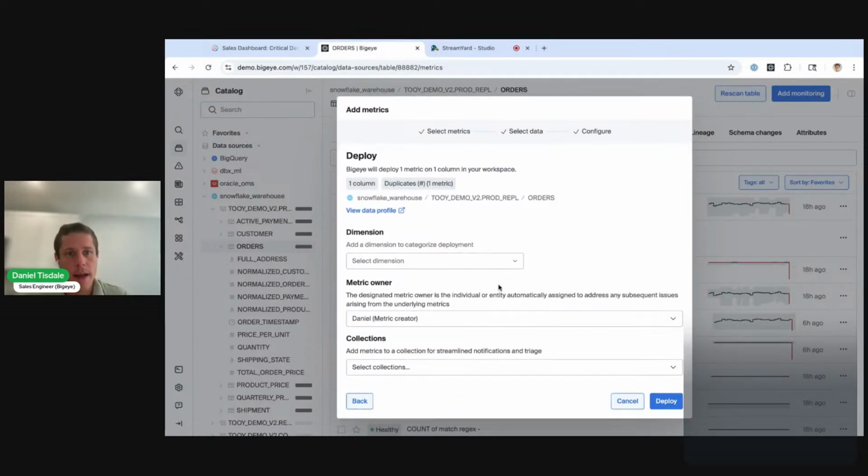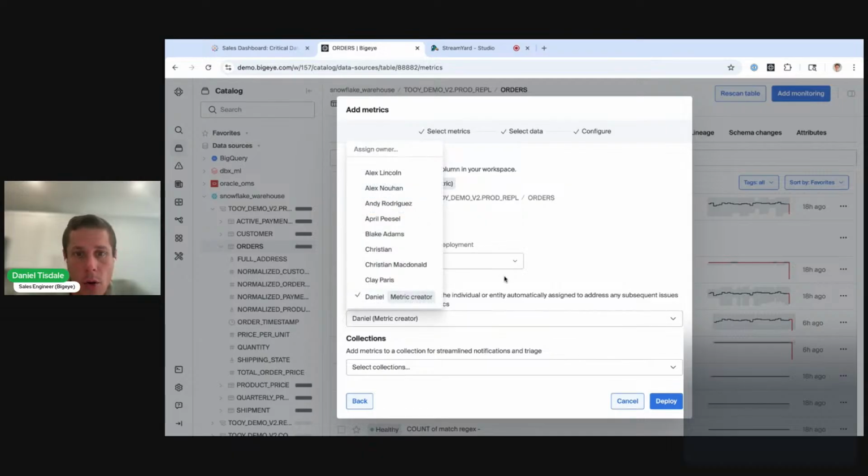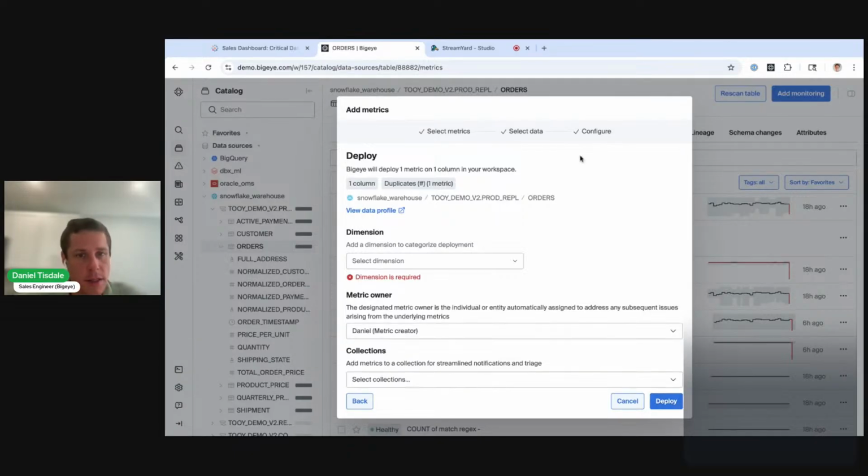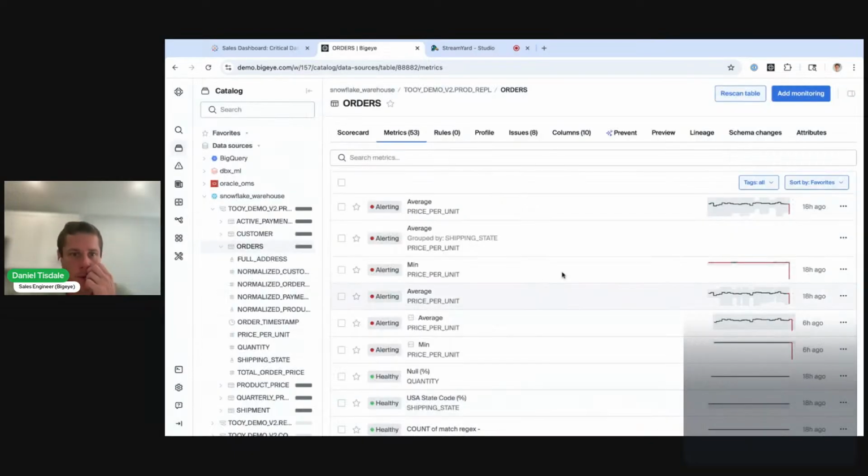And then I can, from here, add an owner or the person responsible for the metric, as well as a collection that allows you to kind of streamline the process of getting notified. From there, I click deploy, and that will actually deploy out the metric itself, and then we can see the finalized results of all of the existing metrics. Which ones are alerting.